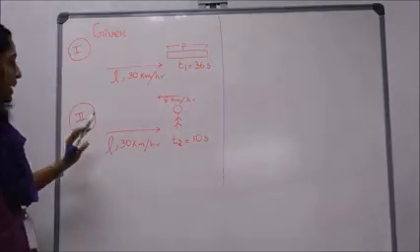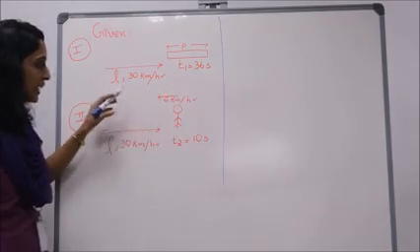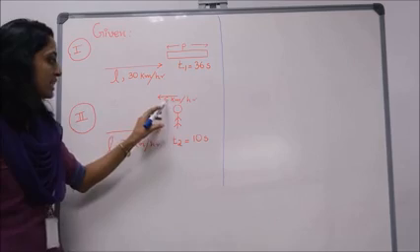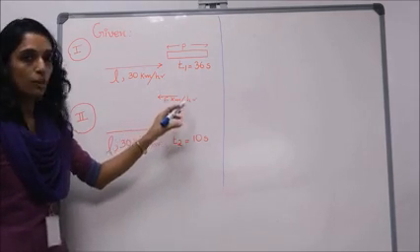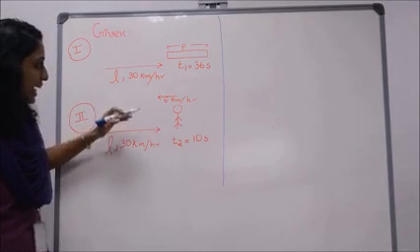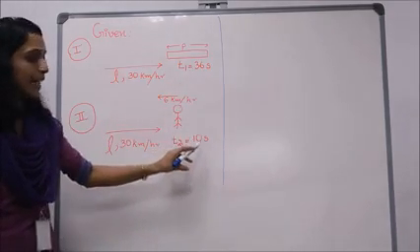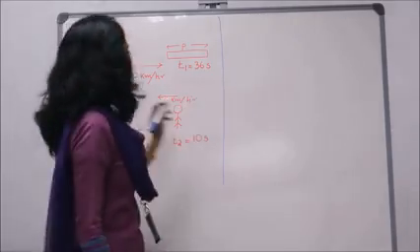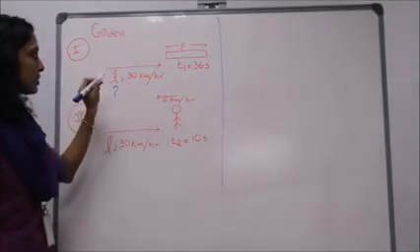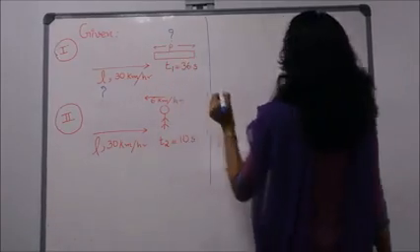Next case, the same train is passing a man who is walking in the opposite direction at a speed of 6 km per hour, and the time taken by the train to cross this man is equal to 10 seconds. And here we are asked to find the length of the train and the length of the platform.